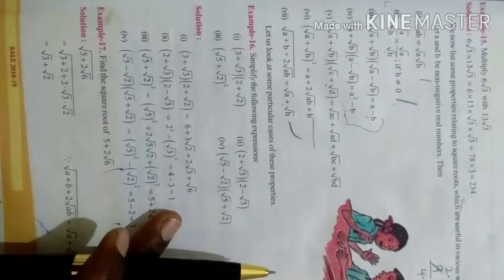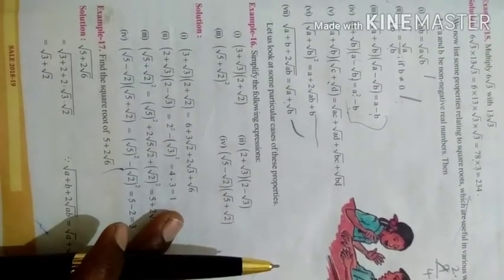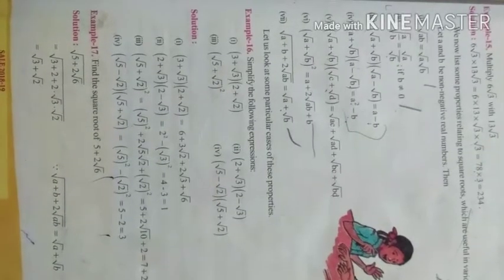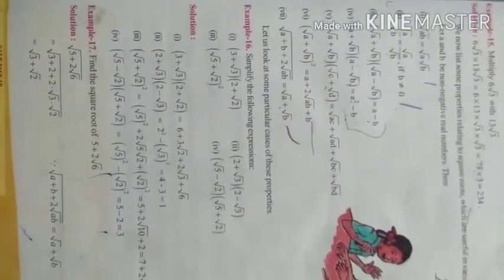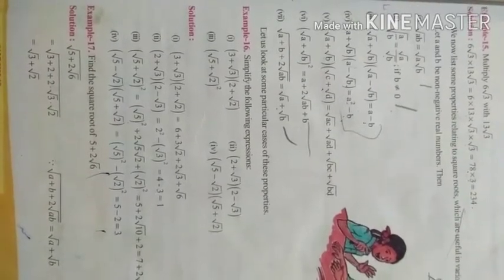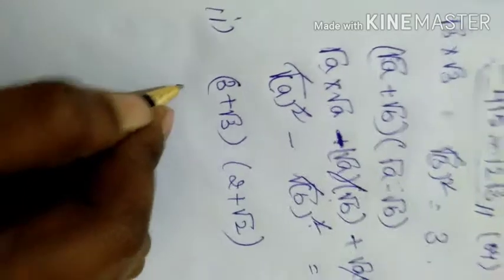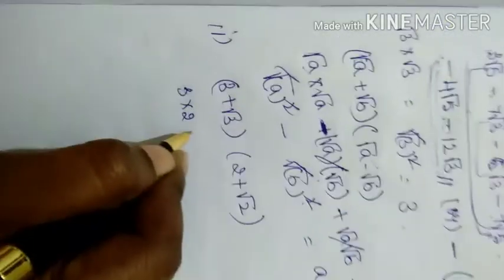Okay. Next, if you see the example 16 here, just you have to simplify, means you have to multiply. Okay. If you see the first question, 3 plus root 3 into 2 plus root 2. Okay. If you simplify this one, what you will get? Just you have to multiply 3 into 2. Okay.